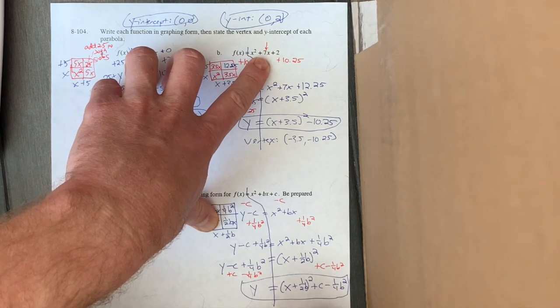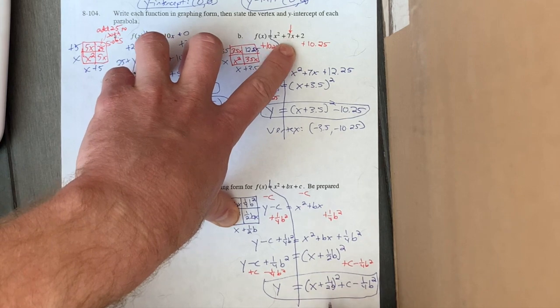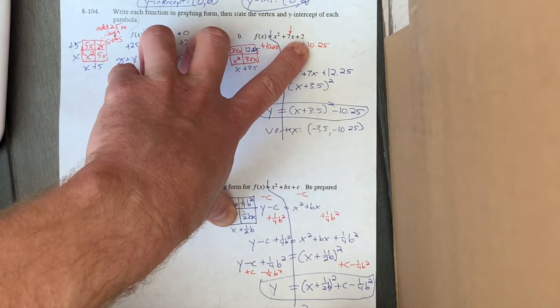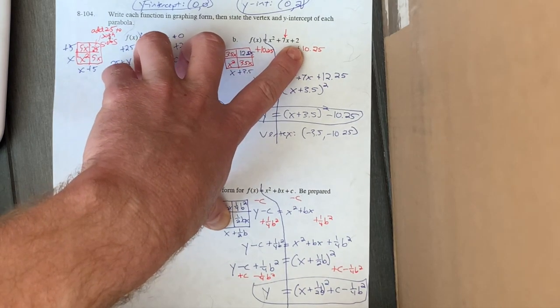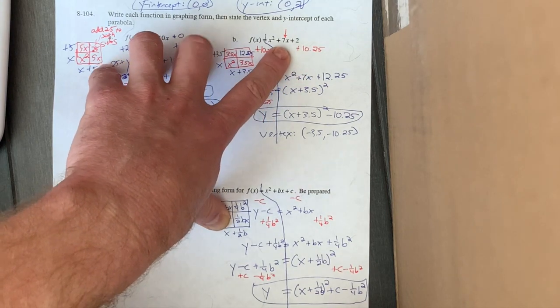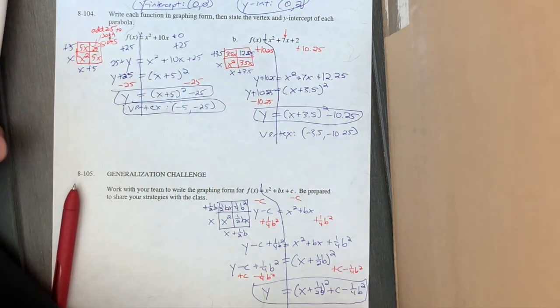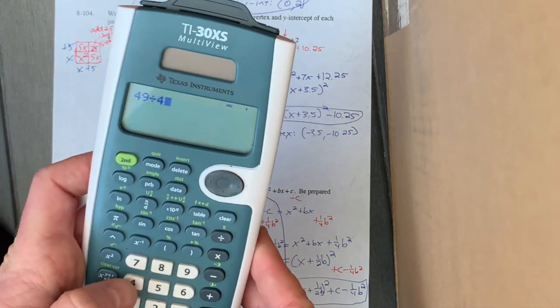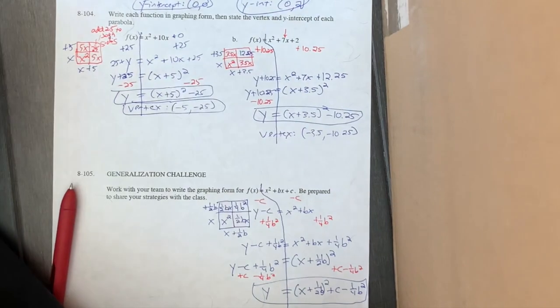Y equals x plus 1/2 of B, and 1/2 of 7 would be 3.5, squared, plus C, well, C is currently 2, and then subtract 1/4 B squared. So B squared, 7 squared, is 49, and 49 divided by 4 is 12.25.